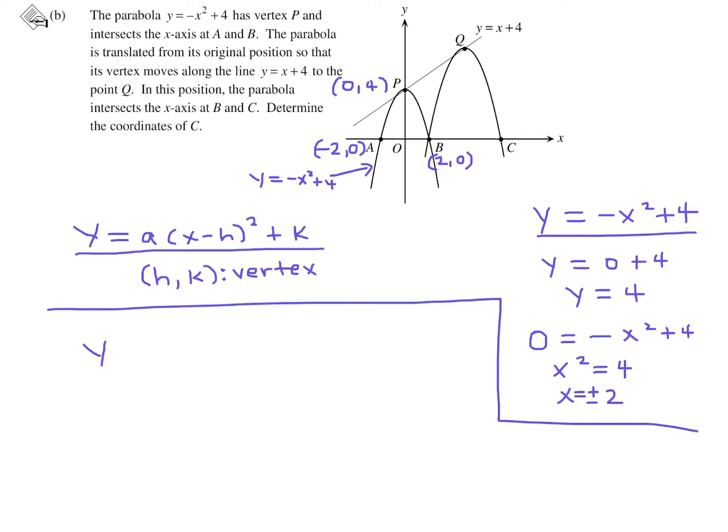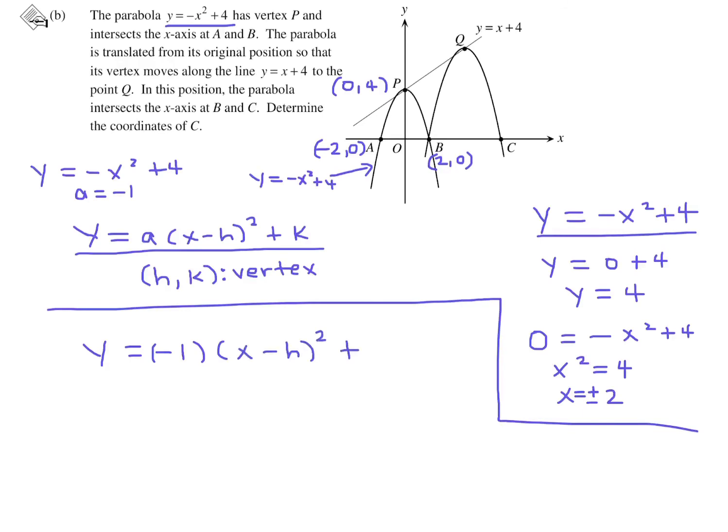You're just moving the vertex. So if you write the equation of the new parabola, which is right here, it will be y, and the coefficient A will not change. What is A in our original formula? Minus x squared plus 4. A was negative 1. So it's still going to be negative 1. But what does change, of course, is the vertex. So our vertex is now going to be h, k.